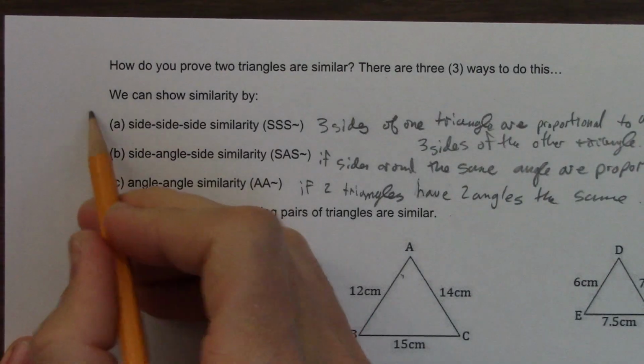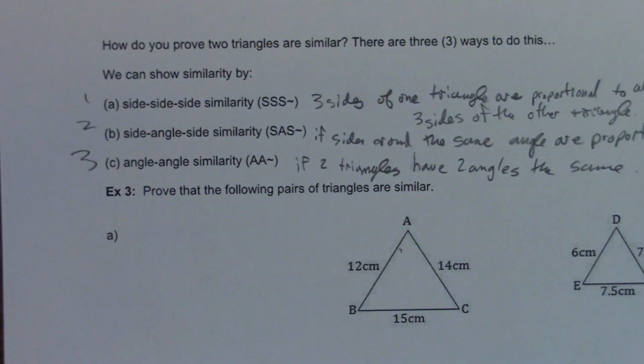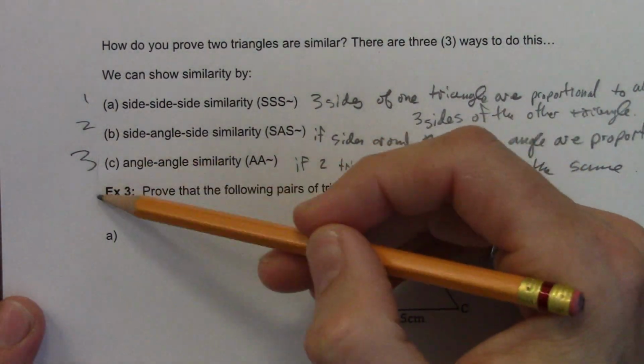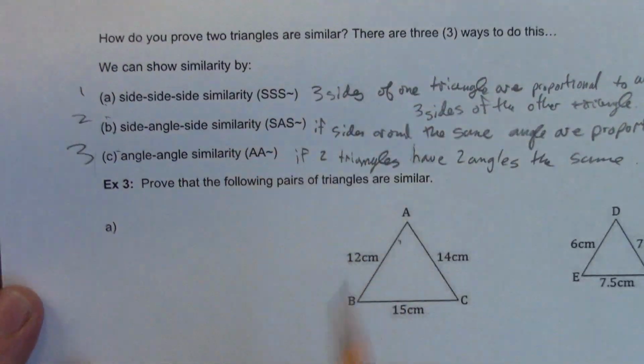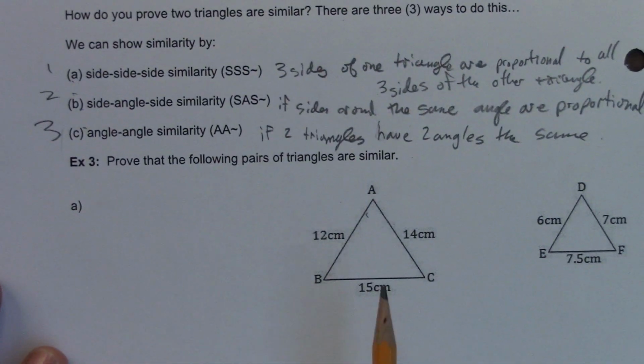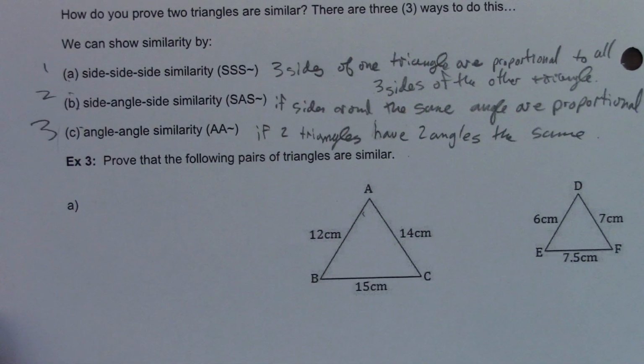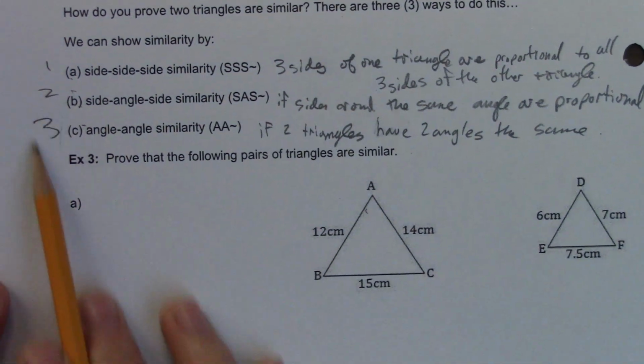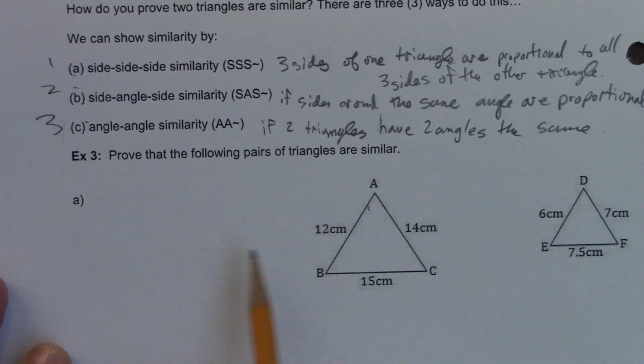Okay, these are our three methods of determining whether triangles are similar or not. All right, so the one we're going to use is dependent on the information we're given. That's how we're going to decide what to use. I'm going to say that one more time. You're going to decide which one you're using based on the problem, what they're giving you.